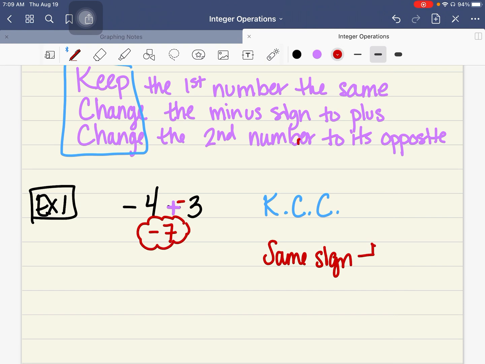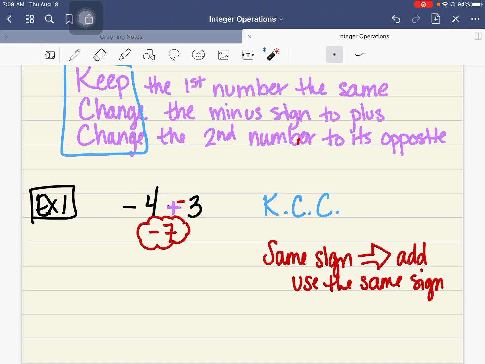Okay, same sign. Remember, we're going to add the numbers and then use the same sign. So it's -7. And that's how you do it. Keep the first number. We change the minus to a plus and do the opposite of the second number. And then it becomes an addition problem.